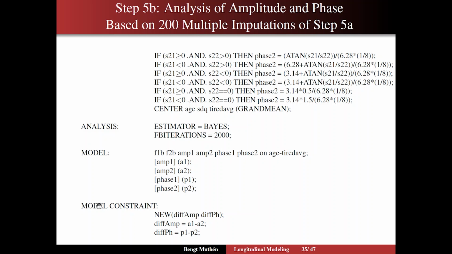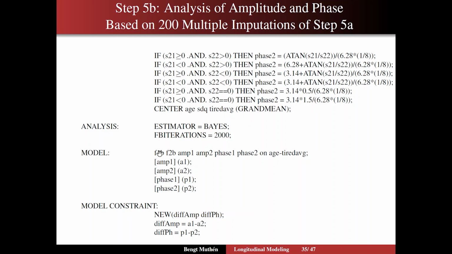Now some of the results are as follows, and they're given in more detail in the paper. It turns out that both of the two between level factors are significantly influenced by SDQ, childhood problems, in a negative fashion.